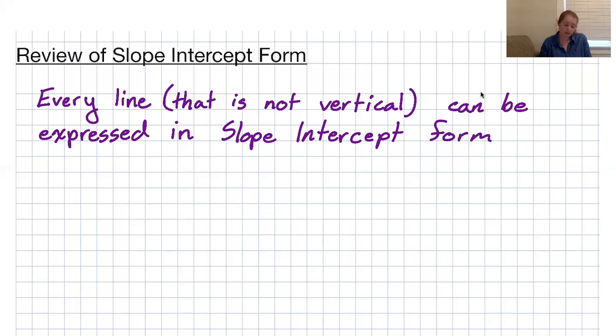In algebra, this is typically written as y equals mx plus b.